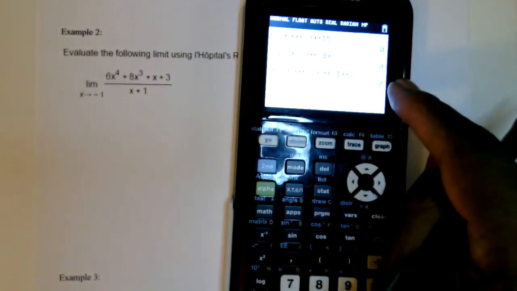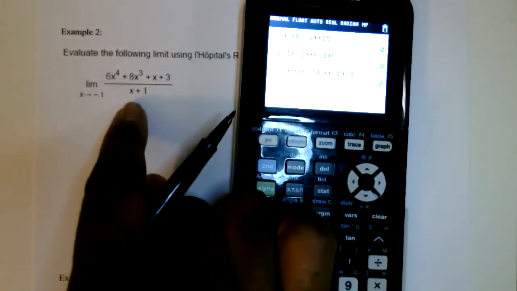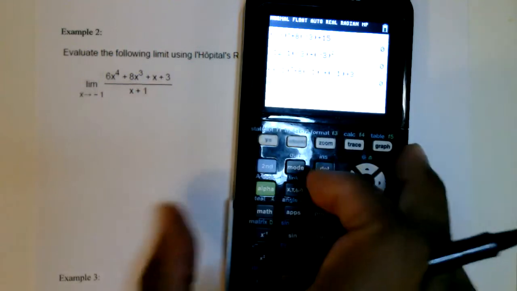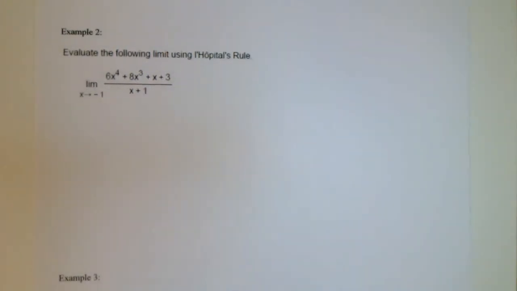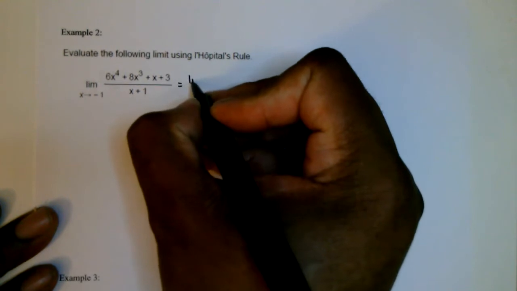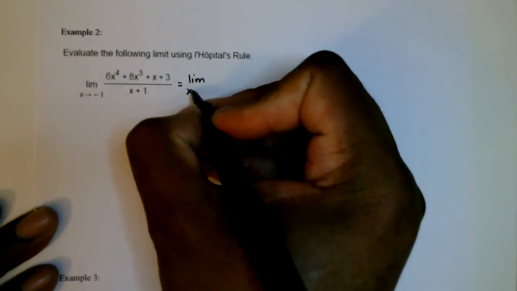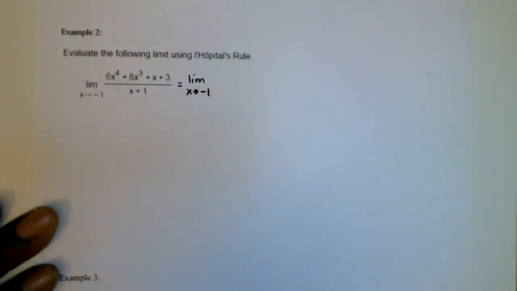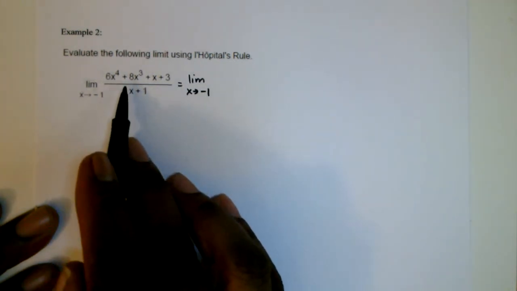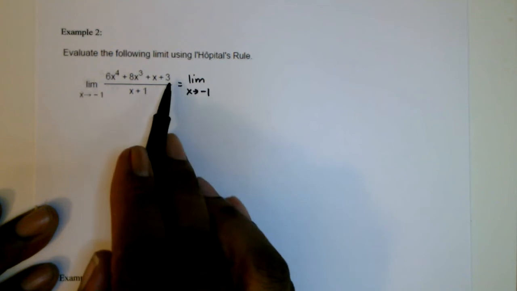I have a 0 for the numerator. Now, negative 1 plus 1 automatically gives me 0. So 0 over 0, that's the indeterminate form. So that means I need to go ahead and apply L'Hopital's rule. So I'm going to bring over the limit as x approaches negative 1. Then take the derivative of 6x to the 4th plus 8x cubed plus x plus 3.